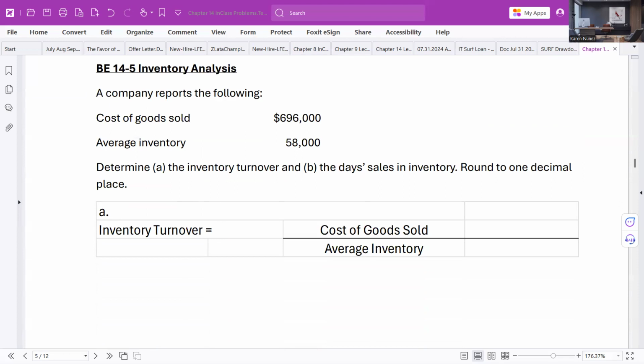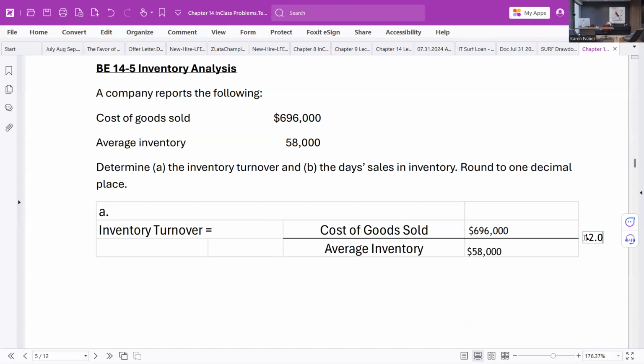The inventory turnover, very simply, is the cost of goods sold divided by the average inventory. So that cost of goods sold measure they give us, the $696,000, we divide by the average inventory, and that tells us the inventory turnover, or the number of times we are able to turn over or sell that inventory during the year.